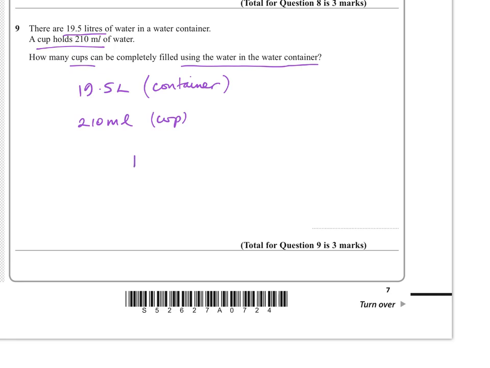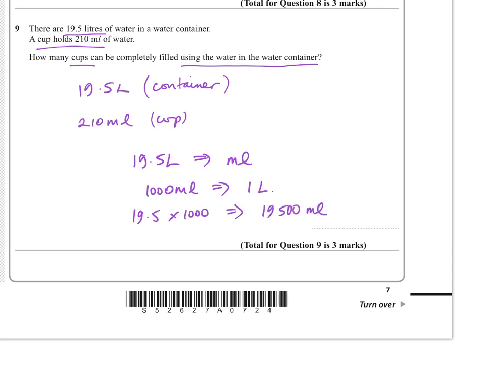So let's convert the 19.5 litres into millilitres, and you should know that there's 1,000 millilitres in 1 litre. So if we do 19.5 times 1,000 on the calculator, you'd get 19,500 millilitres.